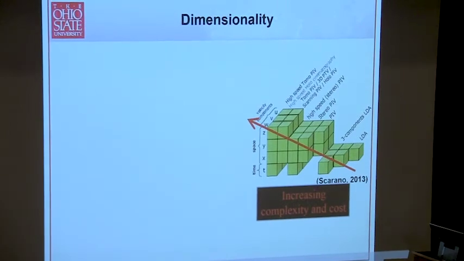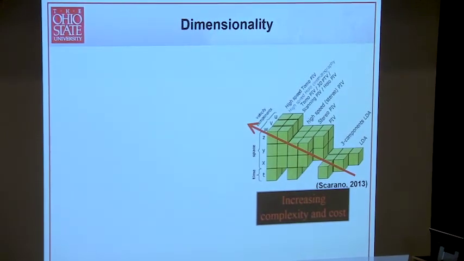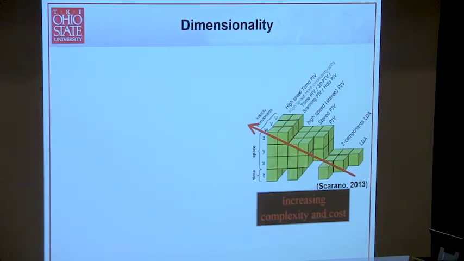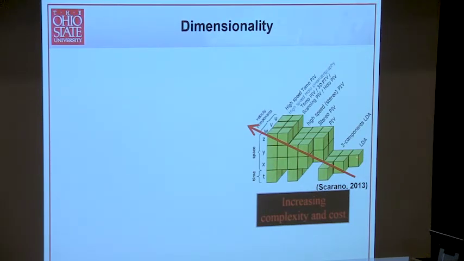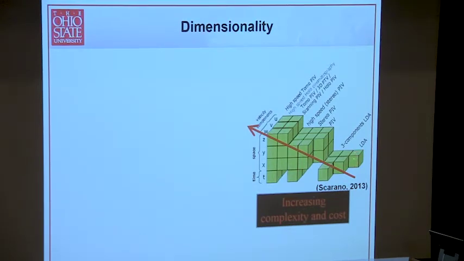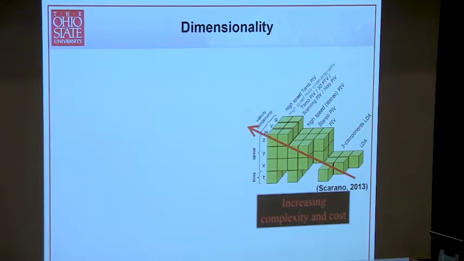Okay, let's look a little bit at dimensionality. It comes from Scarano, 2013. This kind of tells you what's available today. We have this time bracket, and we have space, and we have all these velocity components. You can start down the way that this works. You can start with LDV, right, which can give you a single component, and it may be able to give you time.